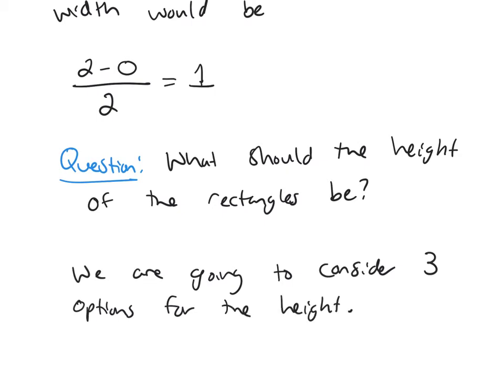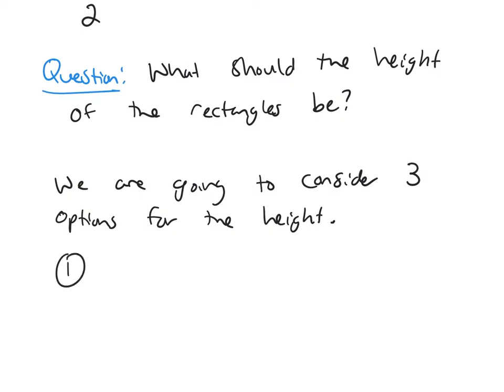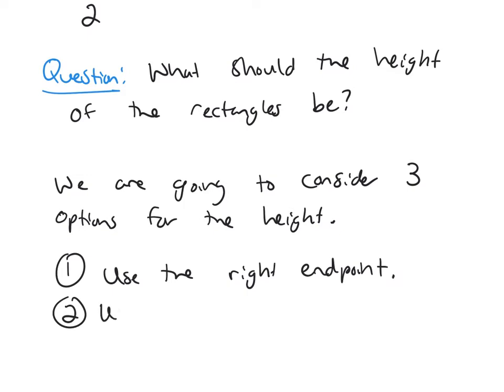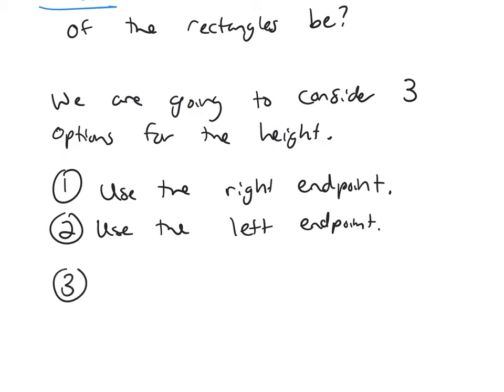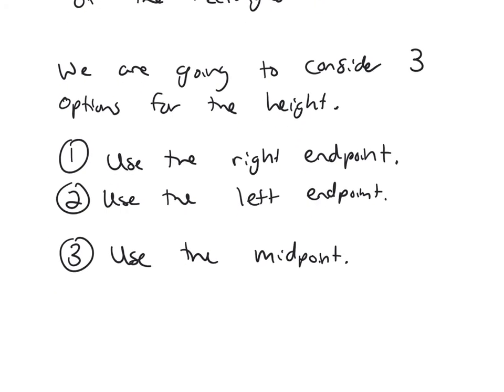And those 3 options are the following. So 1, you're going to use the right endpoint of the interval. Use the left endpoint of the interval. And then the third option will be use the midpoint. So we're going to look at our example, y equals x squared, and we're going to look at all 3 of these options.